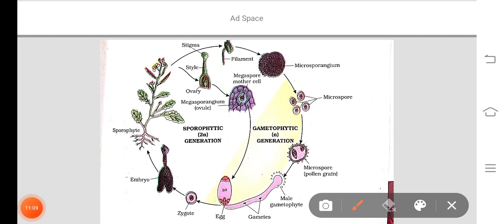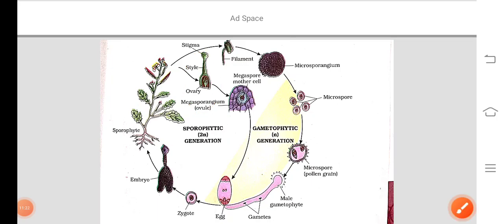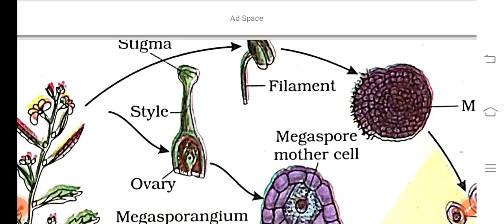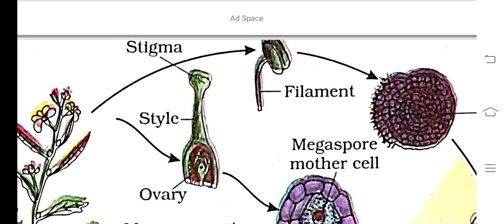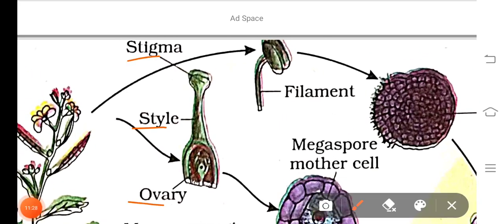See, from this ovary, this diagram is your pistil. It has stigma, style, ovary.